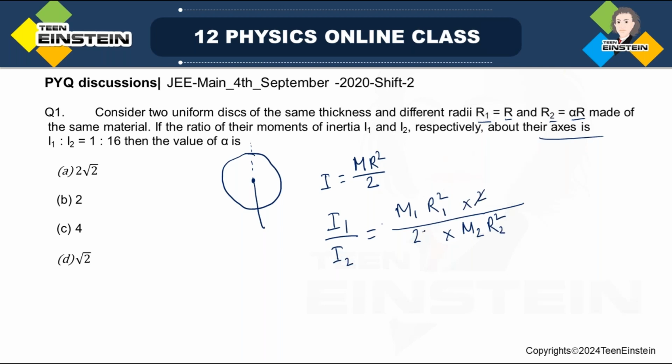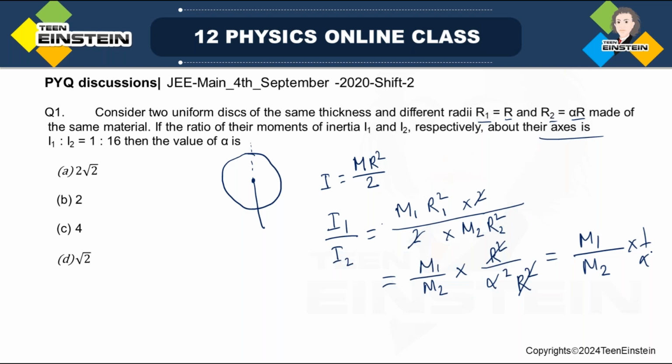So these two will cancel each other. Let us keep M1 by M2 and get R1 square by R2 square. R1 is R and R2 is alpha R, so R square cancels. What we get is M1 by M2 whole into 1 by alpha square.